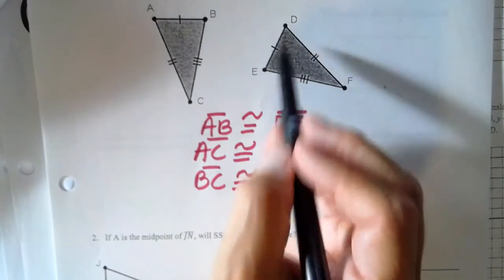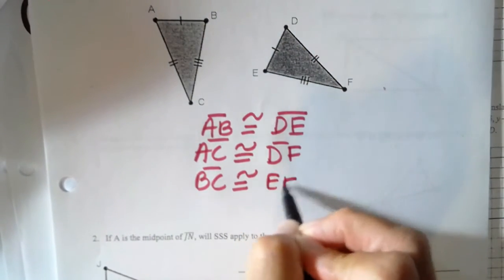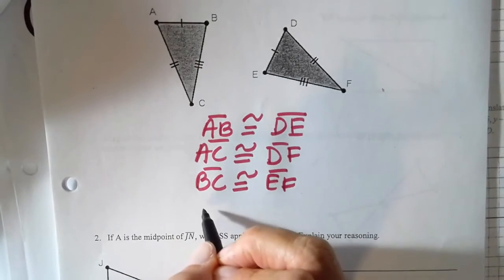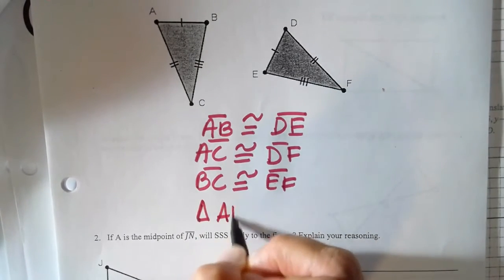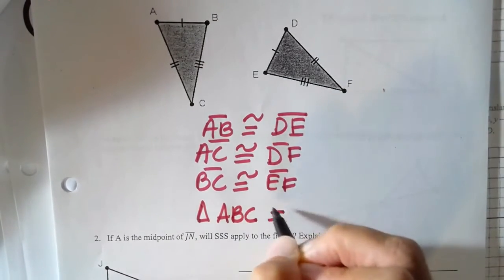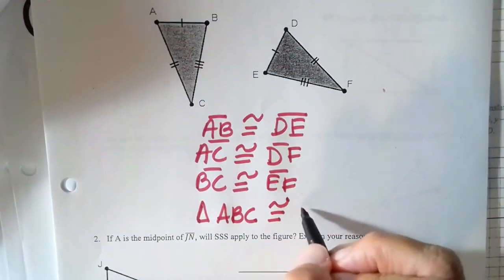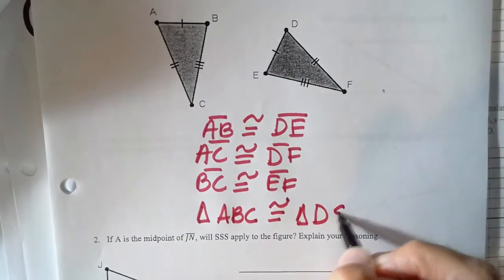And B was close to 1 and so is E, so EF. Notice I'm lining up the letters that are the same. That's important to the reader. So if all of those are congruent, then I know that triangle ABC is congruent to, again, A went with D, B went with E.